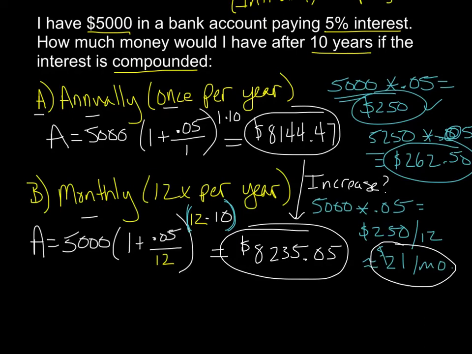I get $21 in January, then I've got 11 months to gain interest on it. So the $21 starts working for me right now today. I start getting 11 months of interest on it. I don't have to wait till the next year to start earning interest on my interest. I earn it right now. And so when I compound a little more often, I do a little better.